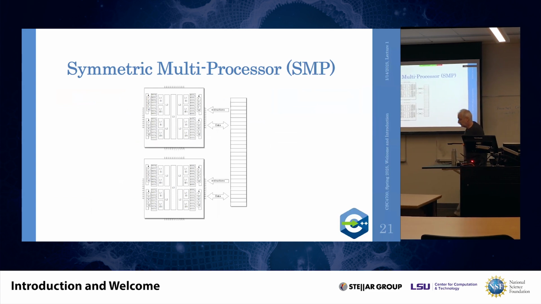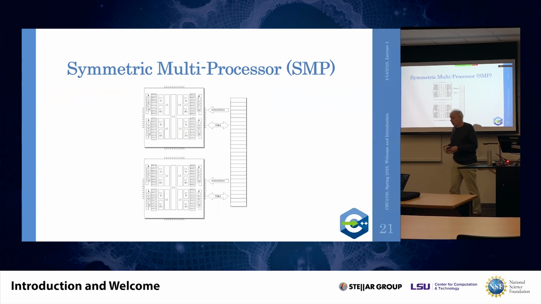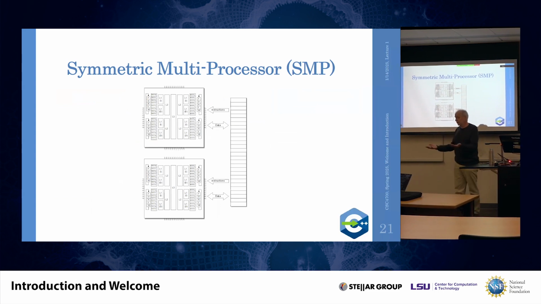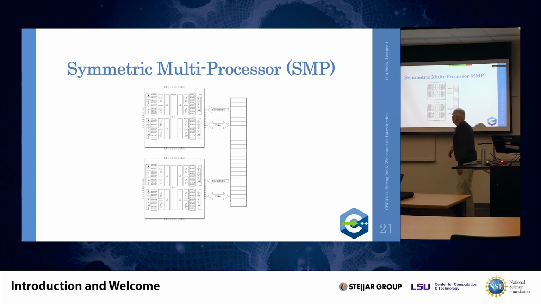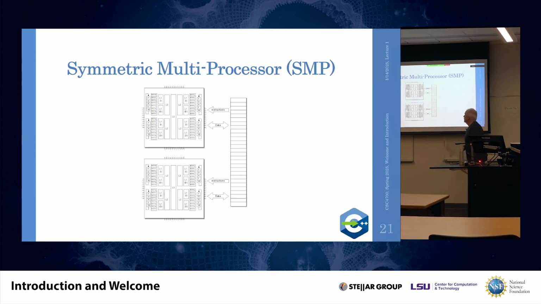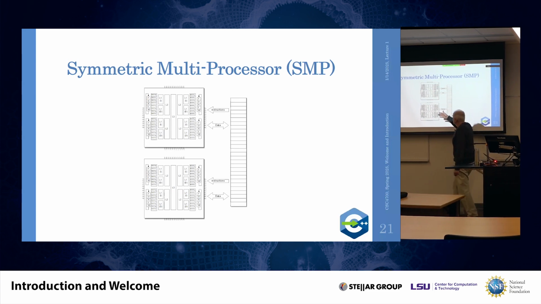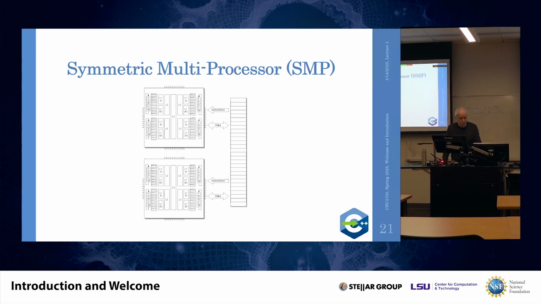Then we ran out of silicon. So the technology didn't allow us to add even more on the same piece of silicon. So people started to have 2 different chips on the same motherboard, which in the beginning was symmetric multiprocessor, SMPs, where all the chips or all the sockets shared the same memory in the same way.